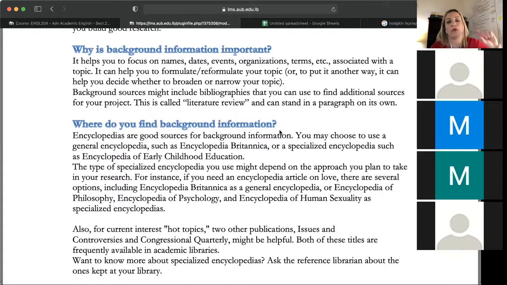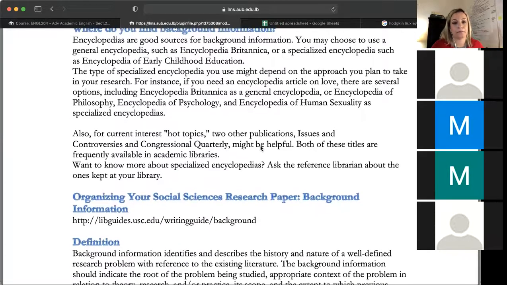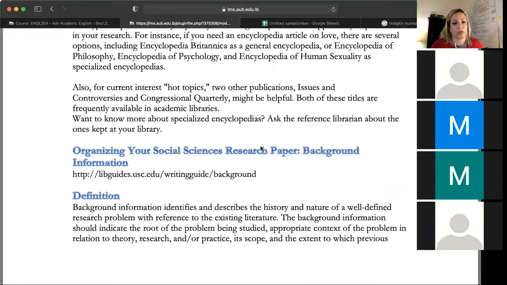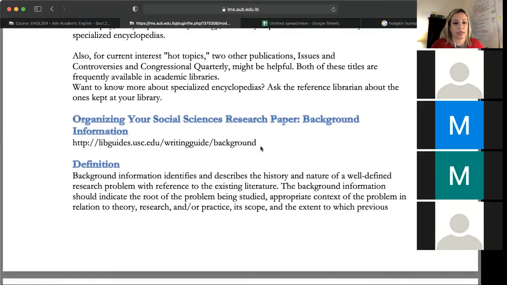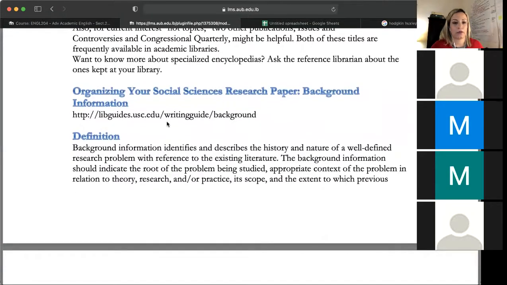Many of you have outlined the background information paragraph pretty sufficiently in your outline, so you can just follow that. How do you organize it? You can follow this link over here.